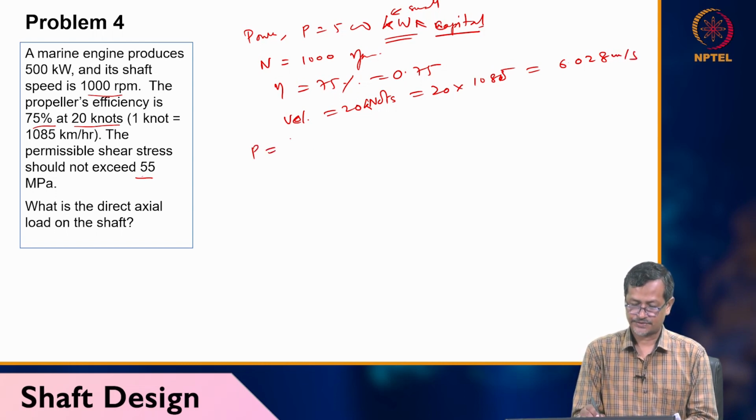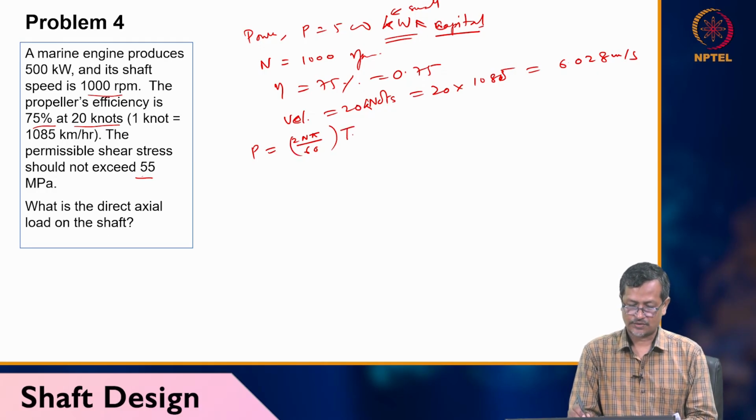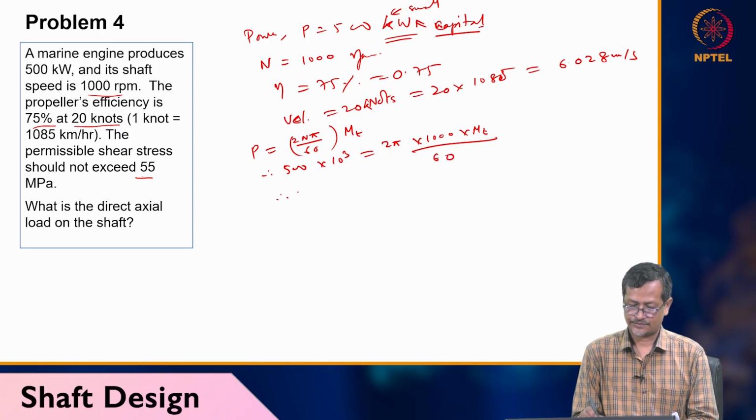So power P equals 2 pi N by 60 into torque MT. So 500 into 10 power 3 equals 2 pi 1000 MT divided by 60, so MT equals 4.65 Newton meter.